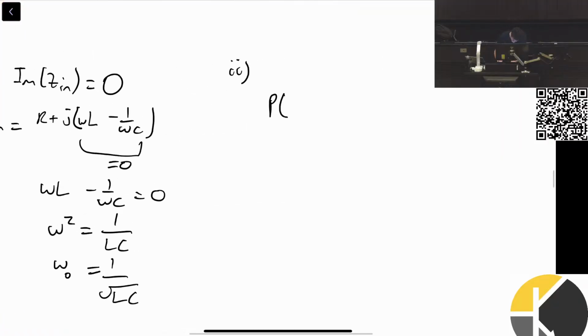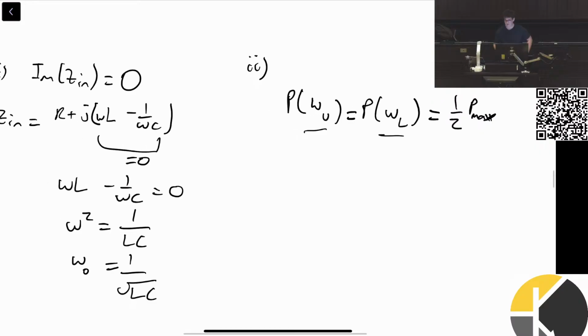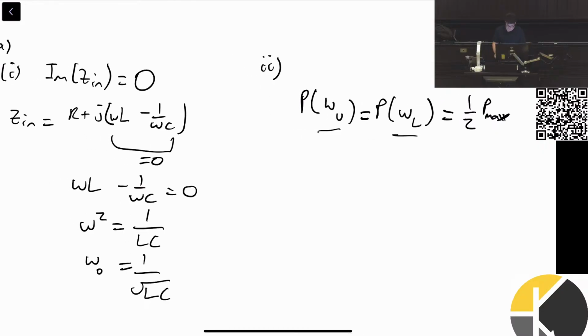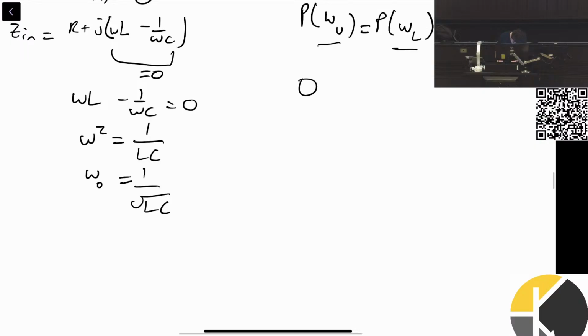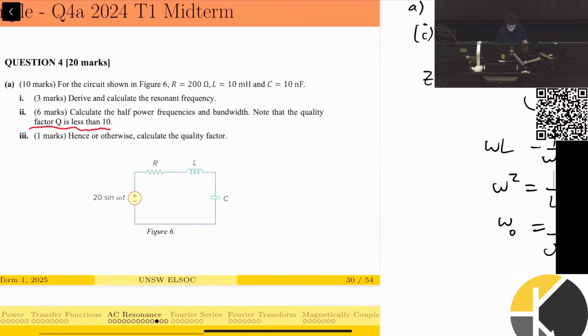So recall what the upper and lower half power frequencies are defined as. They're equal to half the power max. So what we want to figure out is what omegas get us to this half of power max. To do that, let's find power max. Okay, everyone remember how to do the power max?